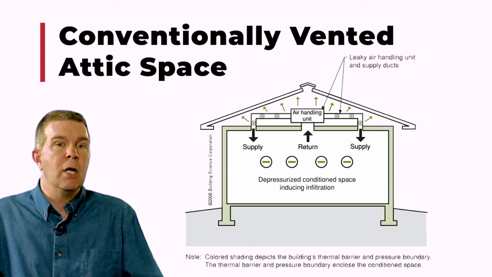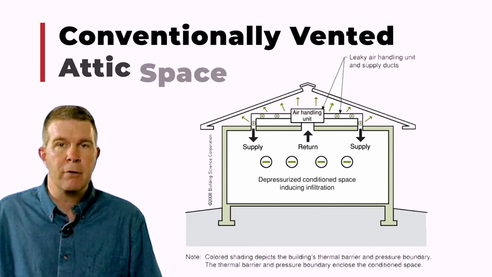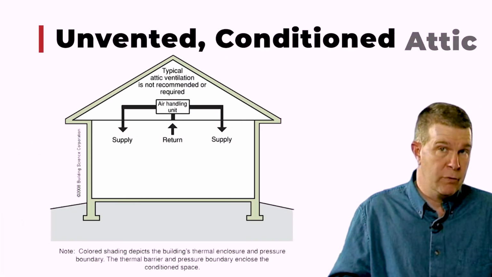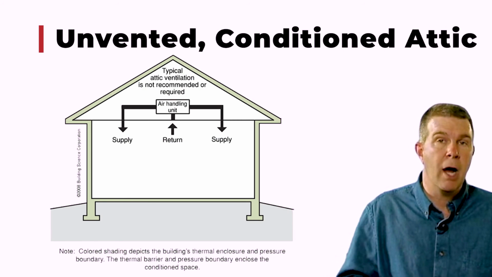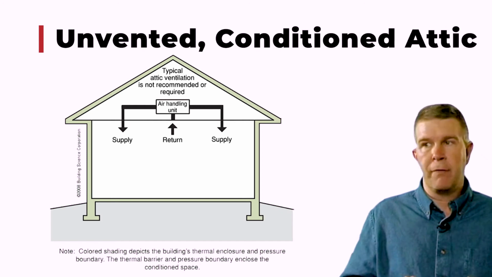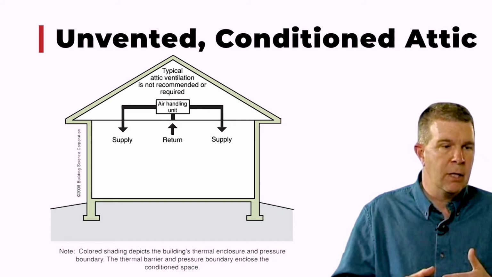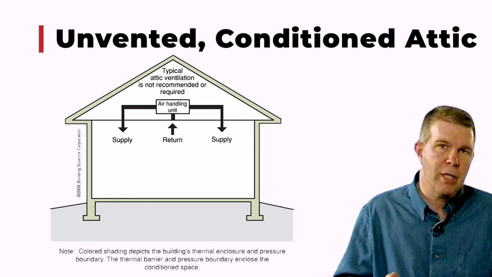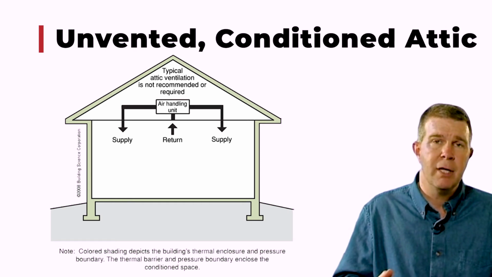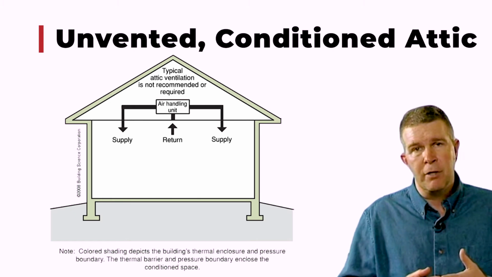And then you start having all of these things like duct leakage, and again, it's just like throwing money out the door. Now, if we use the SIP envelope and we go to that unvented, conditioned attic, we no longer have to worry about that tremendous temperature differential. In some areas in the Southwest, where you're actually in a desert climate, if you have a vented attic, it's a little bit like living underneath a broiler.